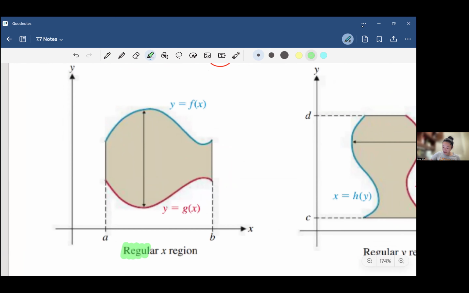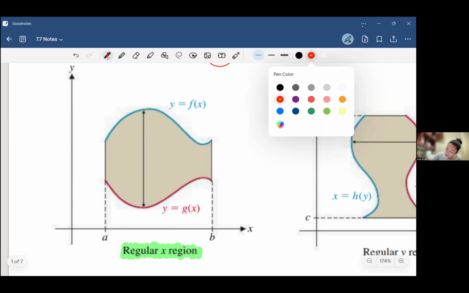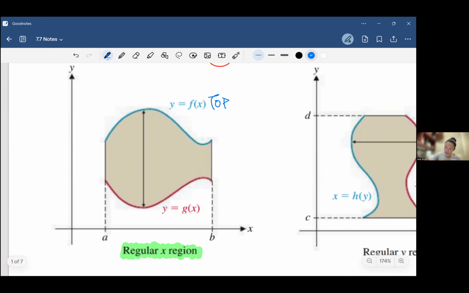This one is considered a regular X region. And the clue that we have what we call a regular X region is that there's going to be a clear top function. In this case, it's our y equals f of x, okay? And we're going to have a very clear bottom function, which in this case is our g of x.